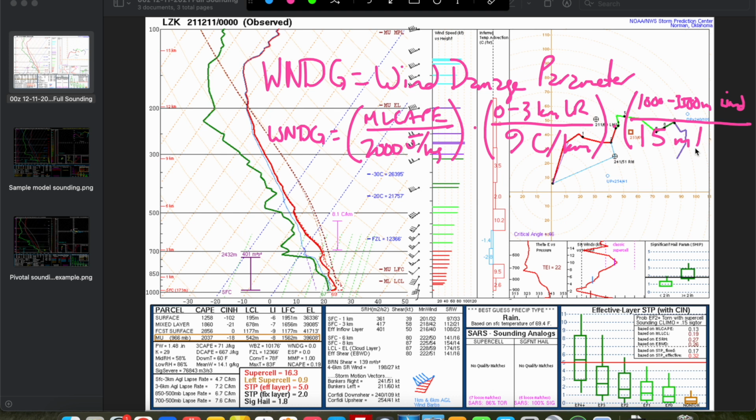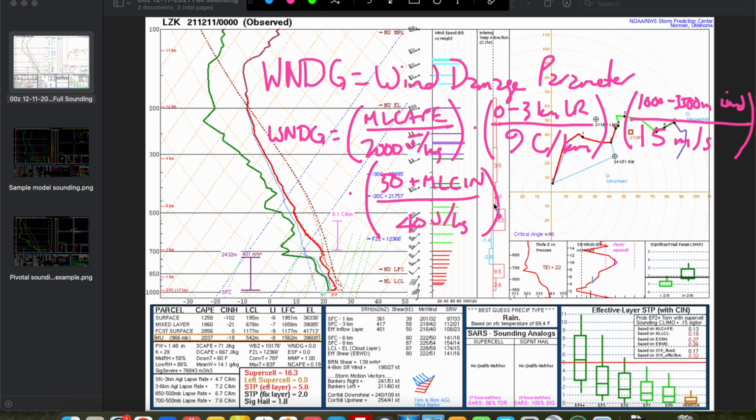So again, you can see we're standardizing all of these values. Finally, times the sum of 50 plus mixed layer CIN divided by 40 joules per kilogram.